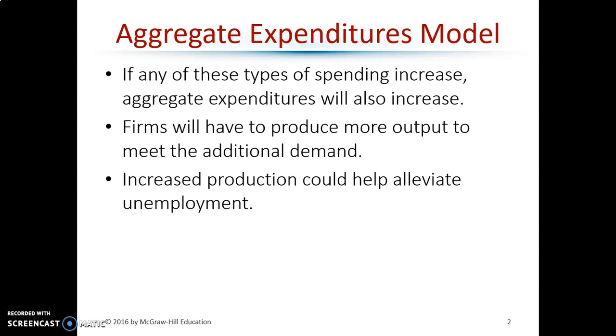So we've already alluded to the fact that fiscal policy is one of the tools that many economists believe the government should use to try to increase or decrease GDP as needed to close these recessionary or inflationary gaps.